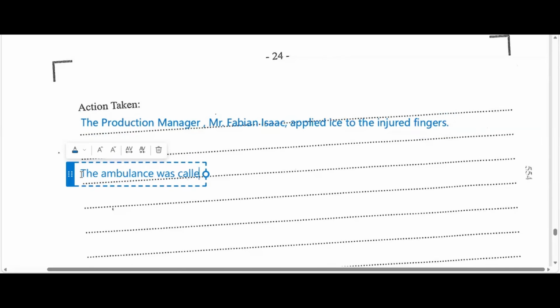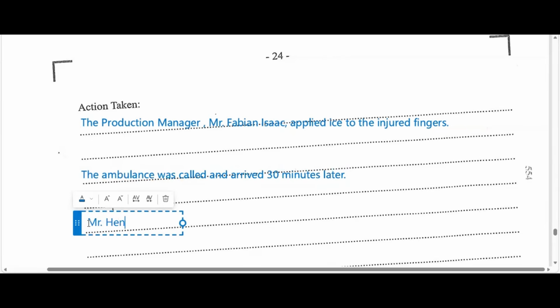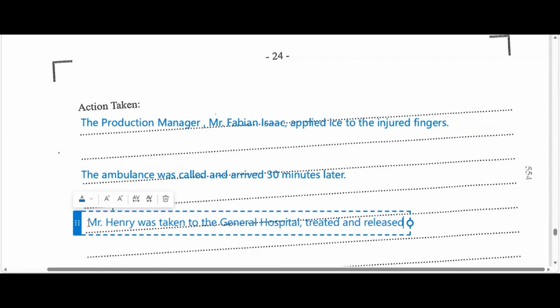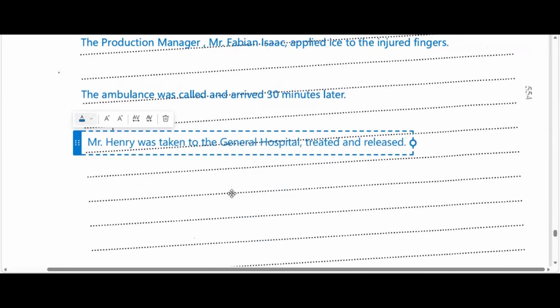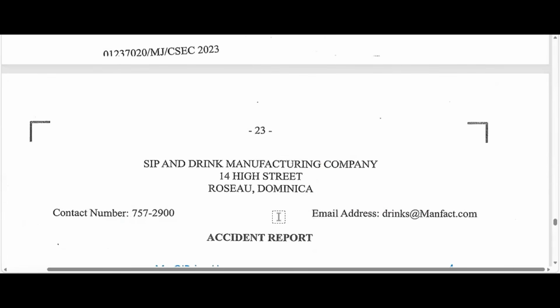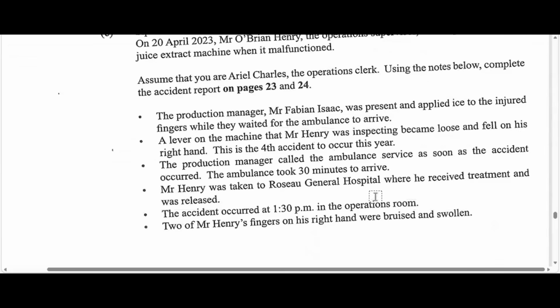Ambulance was called, all the action that was taken, and arrived 30 minutes later. And released. That was the action that was taken. You don't have to put anything else. All this action that was taken is actually in the scenario. Don't get caught up with a lot of lines that you're seeing there. You don't have to use those lines. Yeah?